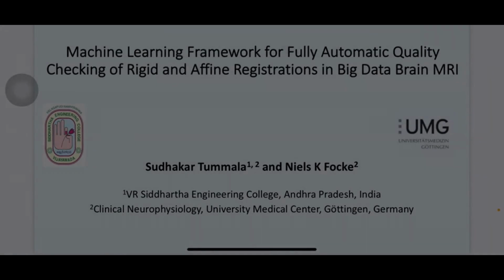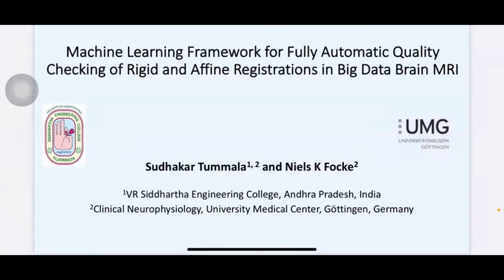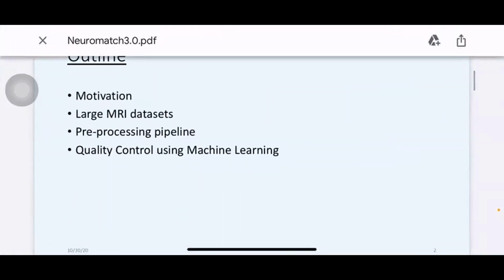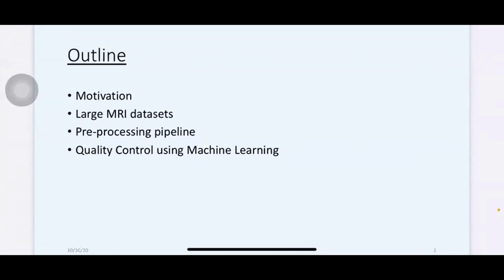So I'll just talk about this work which we implemented recently at University Medical Center Göttingen regarding big data brain MRI. So in recent years, there is availability of largely available data sets, and due to advances in high performance computing facilities, now it is feasible to conduct brain studies on big data.